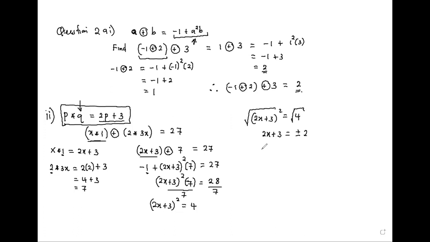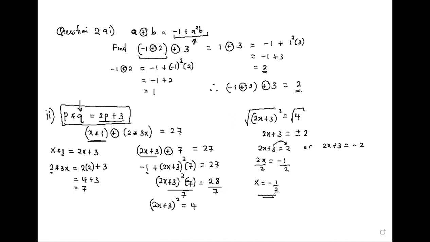Meaning we have 2x plus 3 is 2, or we have 2x plus 3 is equal to -2. If we take this other side, we have 2x is equal to -1, divide by 2. So x is equal to -1/2.